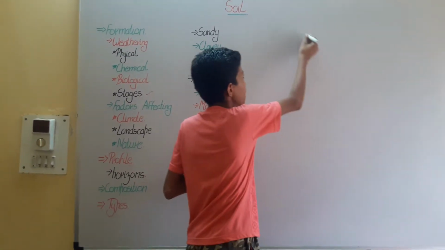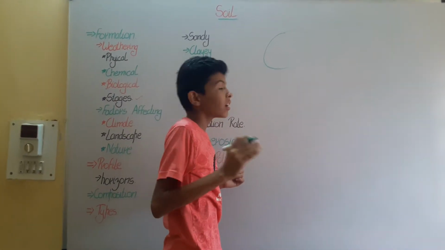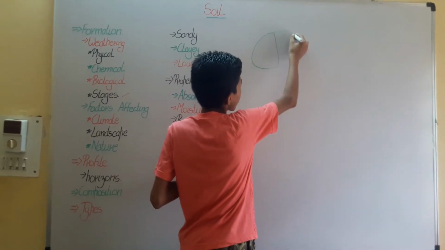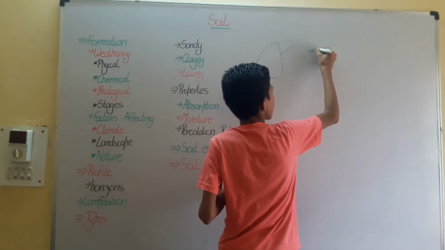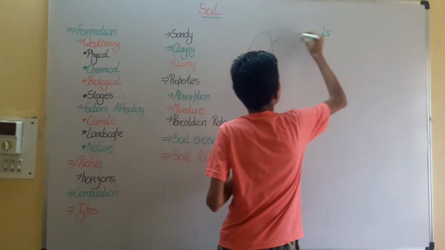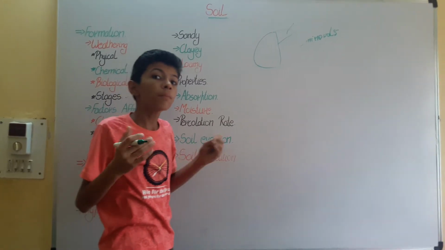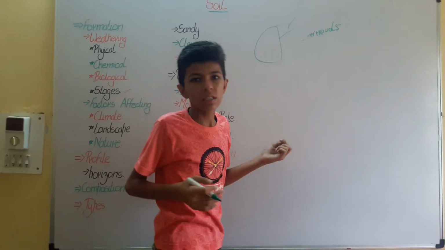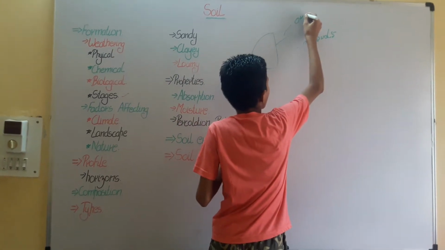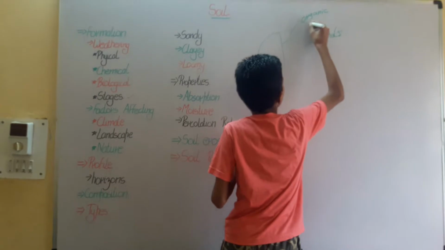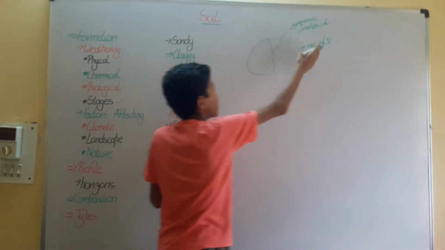If I take up the soil here and divide it into equal halves, then 44% of it would be covered by the minerals and 6% is covered by organic things, like plants and animals, so it contains organic material.